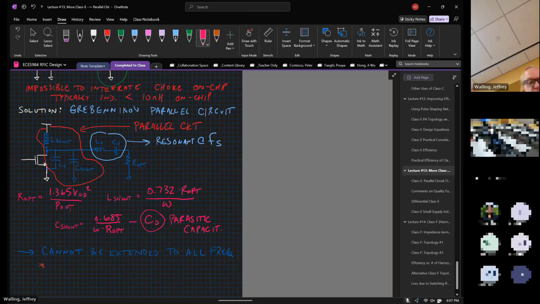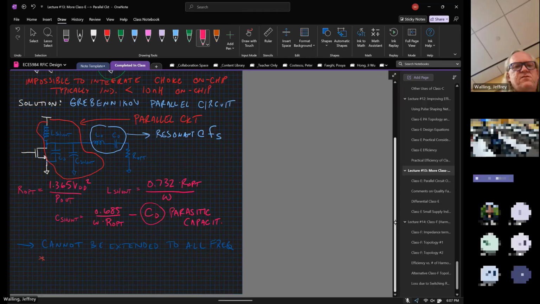Okay. So is this better or worse for us as PA designers? I'll tell you, there's something immediately better. What's better about it? Low inductor value.